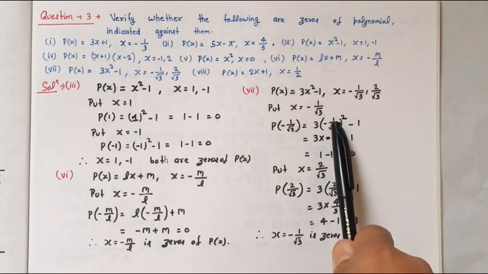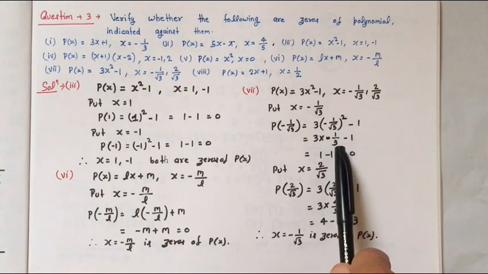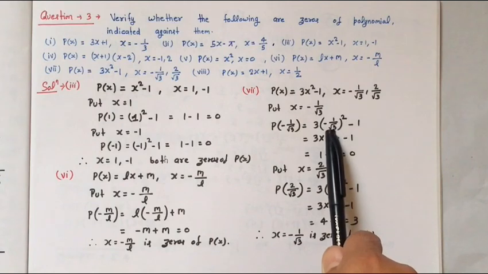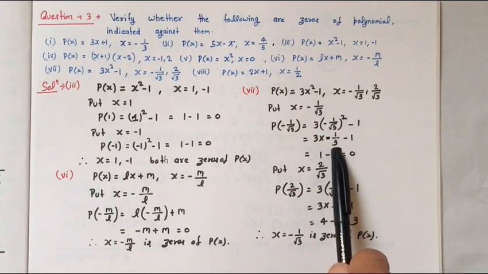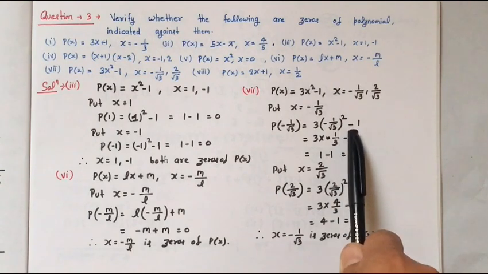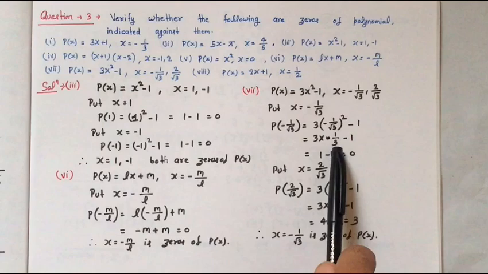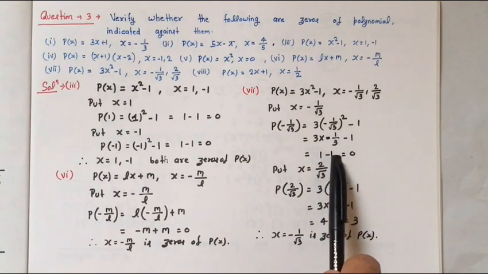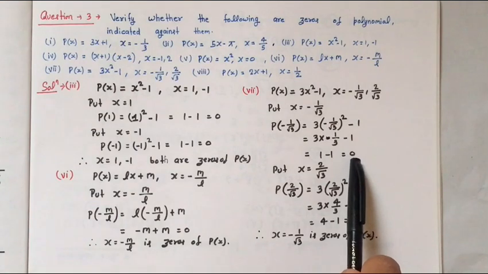Okay, and the square of 1 is 1, and you know that the square of root 3 is 3. Why? Because the square root and the square will cancel each other, so this will become 3, and in the last it is minus 1. You can cancel this 3 by 3, and now this is 1 minus 1, and 1 minus 1 is what? You know, it is 0.